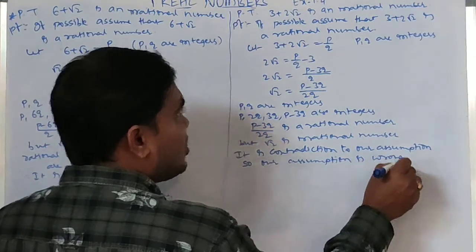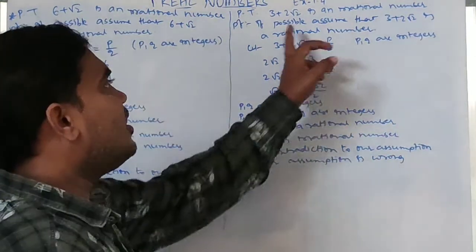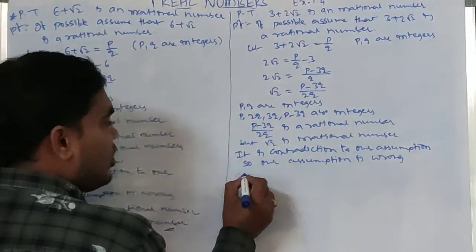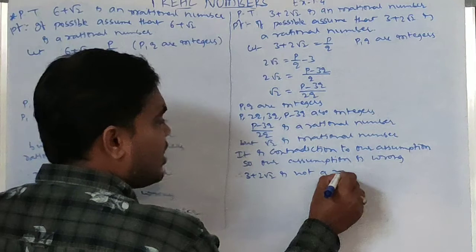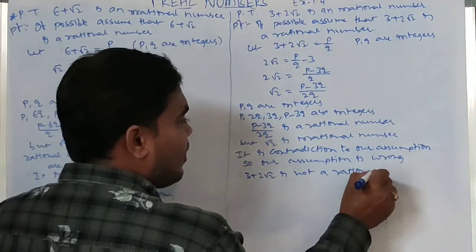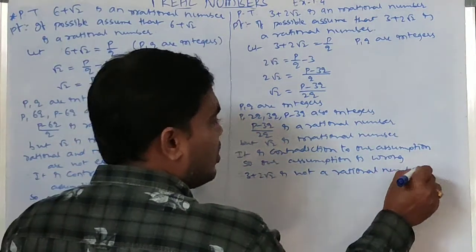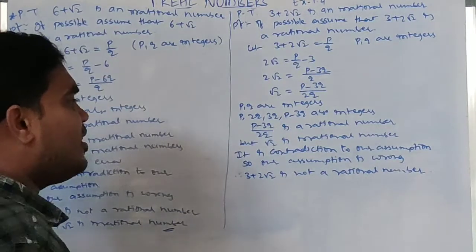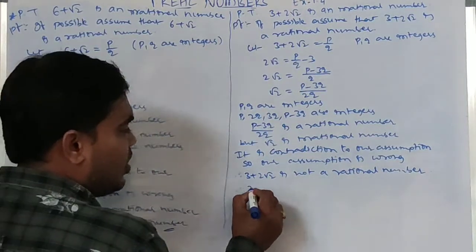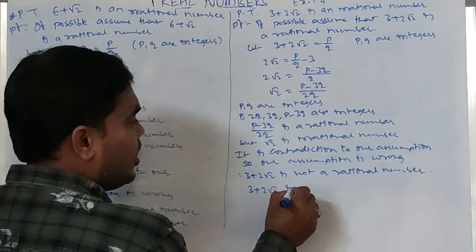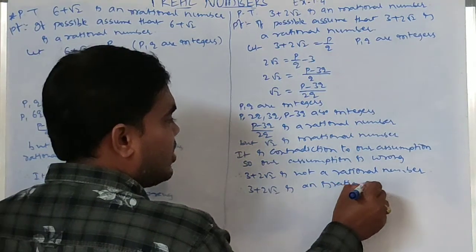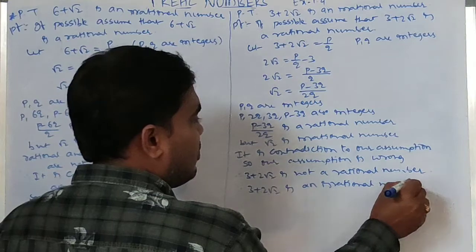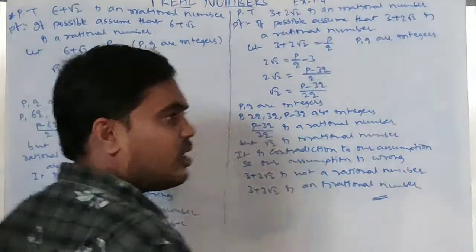What is our assumption? What we considered, that it is a rational number. Therefore, 3 plus 2 root 2 is not a rational number. If it is not a rational number, it is an irrational number. Therefore, 3 plus 2 root 2 is an irrational number. So this is the answer.